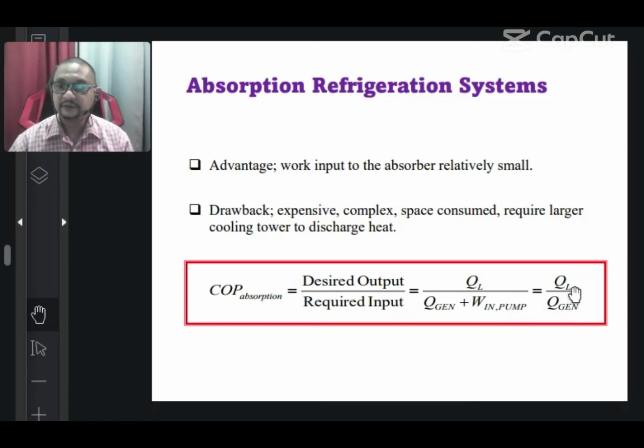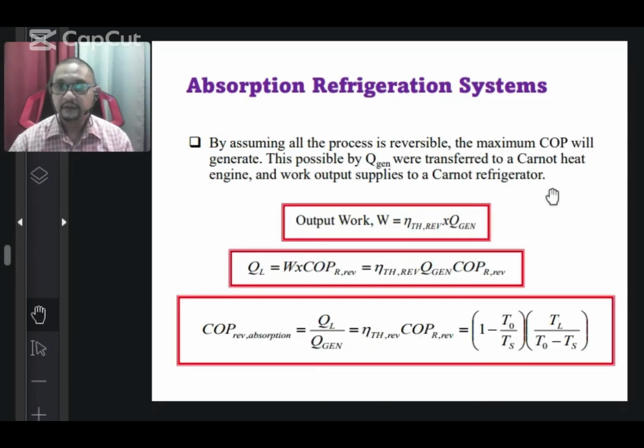Okay, it is equal to QL over Q generation. So by assuming all the processes are reversible, the maximum COP will be obtained. This is possible by Q generation being transferred to a Carnot heat engine and the work output supplied to a Carnot refrigerator.